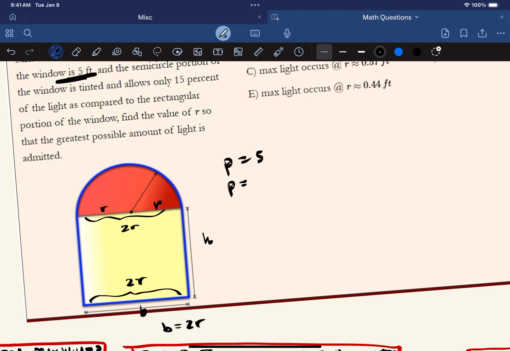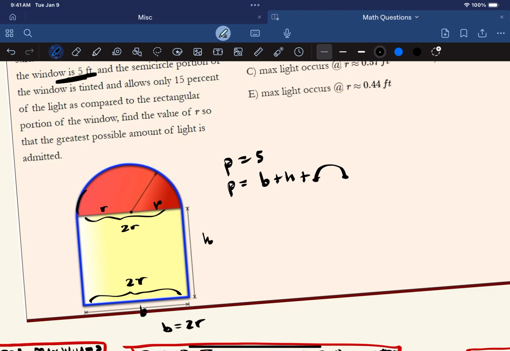Now the perimeter is also given by this side, which is b plus h plus the semicircle here. So plus that h again. So that would be equal to b plus h plus the semicircle. Let's leave it like that.